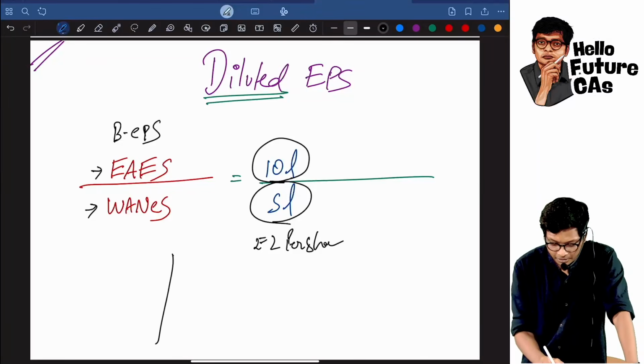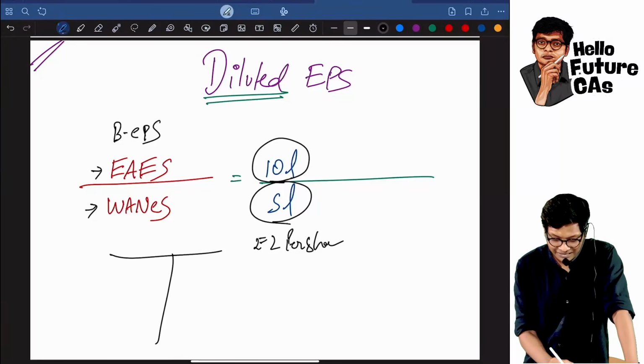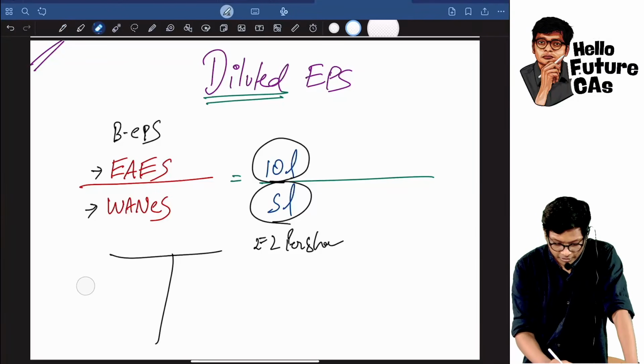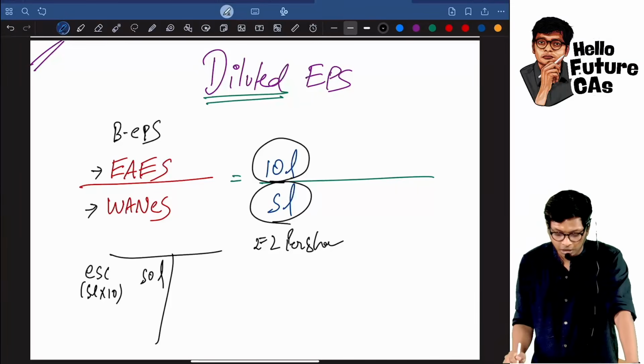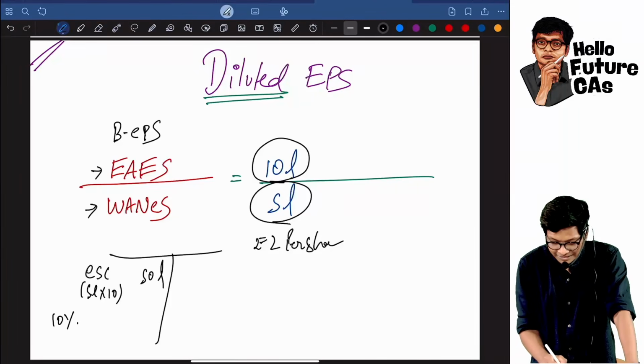For example, let's take the balance sheet. Let's say I have 10% debentures. Equity shares are already 5 lakhs into 10, which is 50 lakhs. Now 10% debentures, let's say 20 lakhs, that is 20,000 debentures of 100 each, which is 20 lakhs.